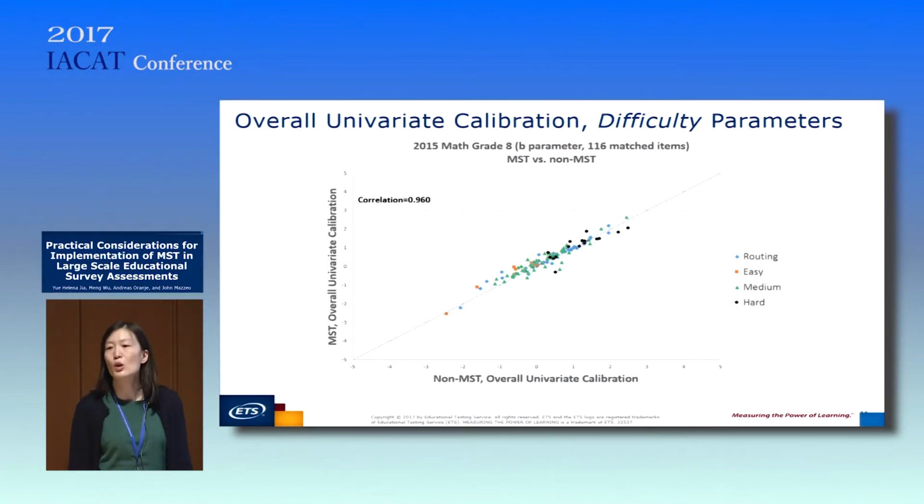There are some items that only appeared on one side, so I excluded them. I would say the estimation for the MST design looks reasonably okay when you have a long router and lots of items. You get reasonable estimates for difficulty parameters in comparison to not having an MST design, which we assume as the baseline. That's the goal you want to reach.